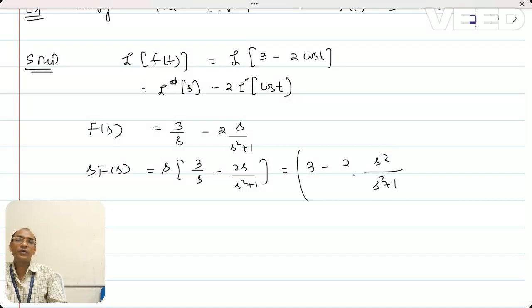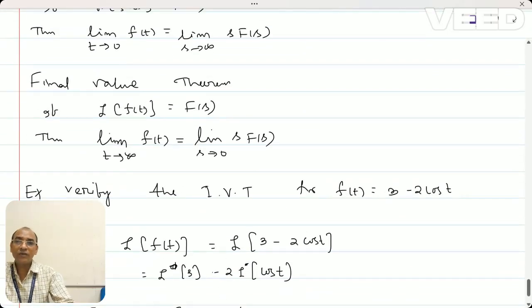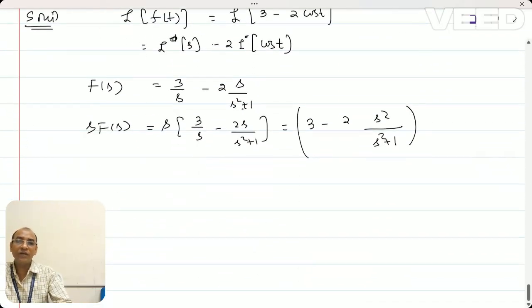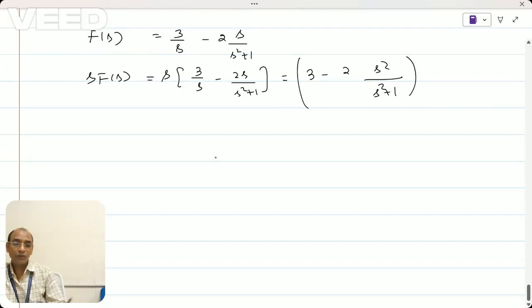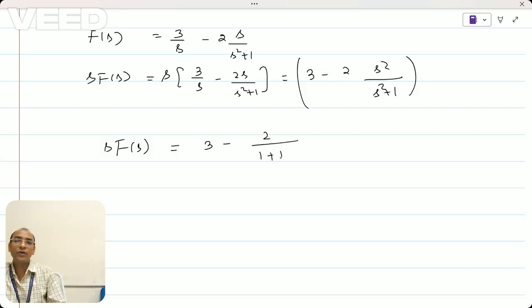So this will be my s into F(s). Since I am taking s tends to infinity, in the second term s square by s square plus 1 is there, so an infinity by infinity form will come. So let me take s square common. After taking s square common, s into F(s) will be 3 minus 2 by 1 plus 1 by s square.